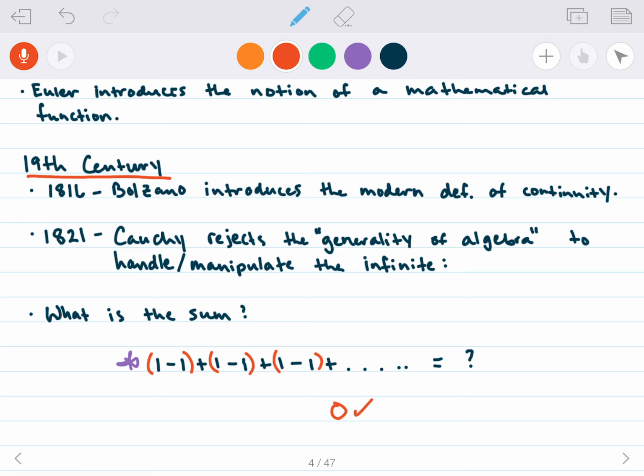But what if you grouped it a little bit differently and you said 1 plus (minus 1 plus 1) minus 1 plus 1, etc., and so now we have 0 plus 0, but here's the 1 in the front. So how do we group this?